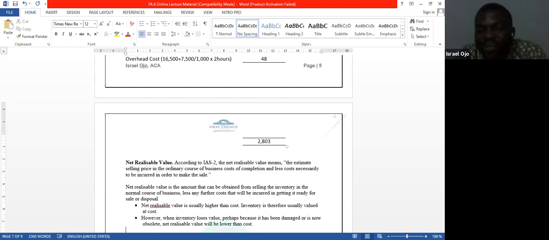It is this net figure that I'm going to compare with the initial cost I've calculated. I will compare the two together. The lower of the two is what I'm going to use to value my inventory.